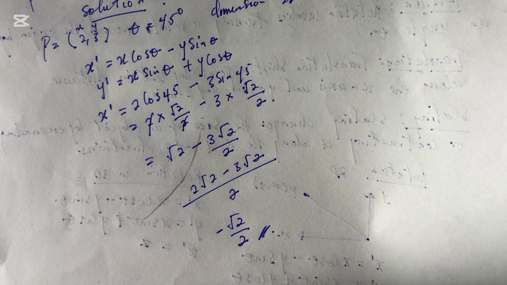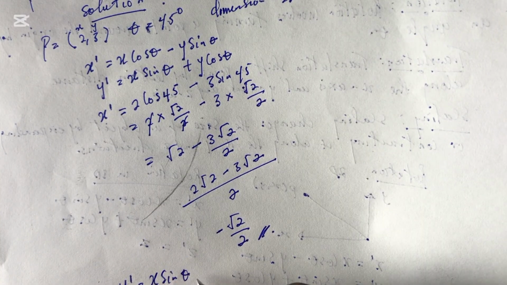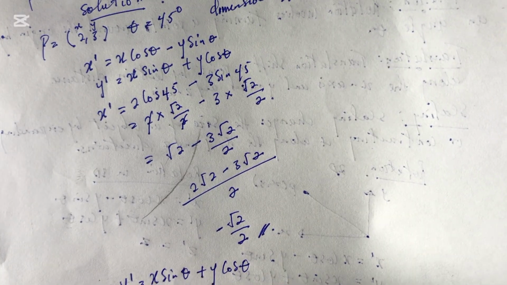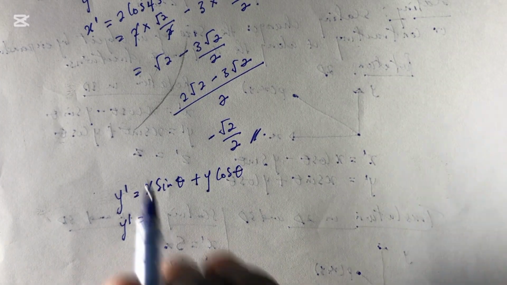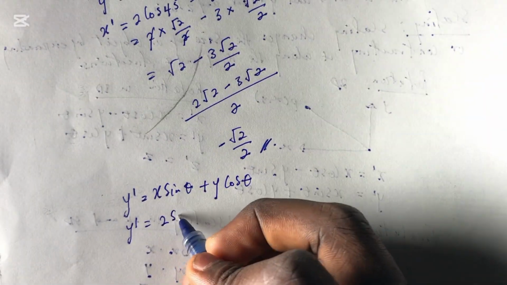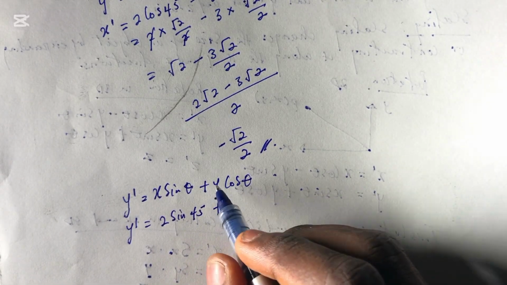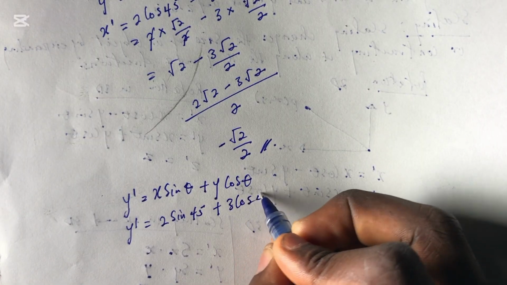For the y prime, it is given as x sine theta plus y cos theta. So what's my value of x? It is 2, times sine of 45, plus my y, which is 3, times cos of 45.